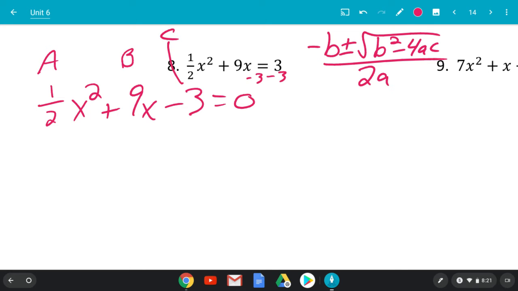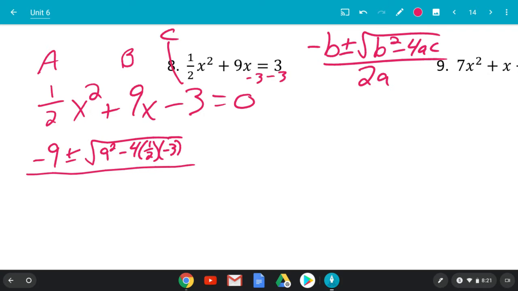Negative b, or opposite of b, would be negative 9 plus or minus the square root of 9 squared minus 4 times a, which is 1/2, times c, which is negative 3. Please don't forget the sign goes with it. All that over 2a. Plug it in, chug it out.